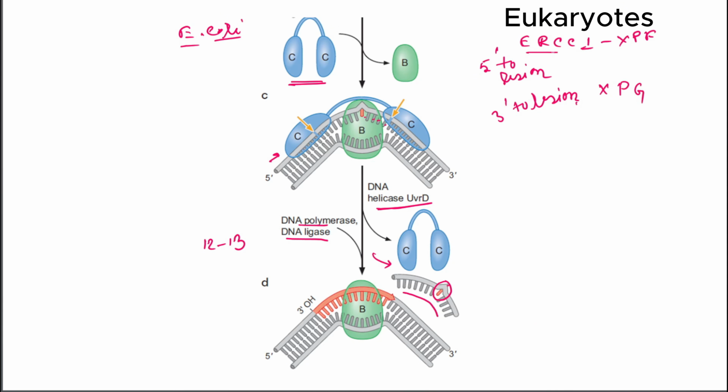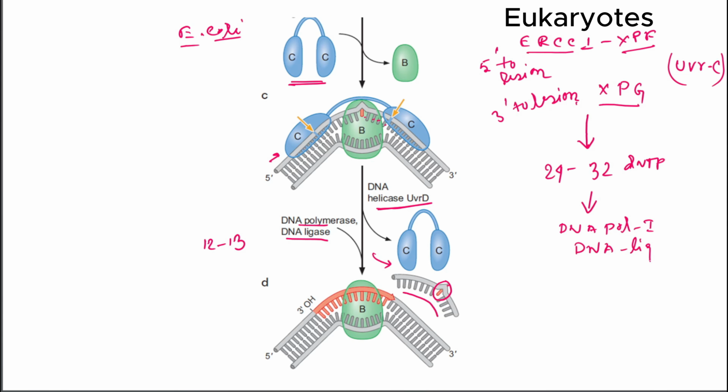So ERCC1-XPF and XPG cut the DNA, and that is equivalent to UvrC. In higher cells, the resulting DNA strand of 24 to 32 nucleotides is removed, creating a long gap, and this is filled by DNA polymerase and DNA ligase.